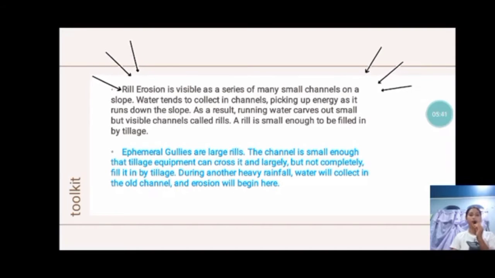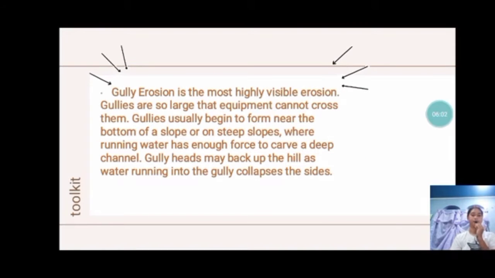And next will be ephemeral gullies, which are large rills. The channel is small enough that tillage equipment can cross it and largely, but not completely, fill it by tillage. During another heavy rainfall, water will collect in the old channel and erosion will begin here again.